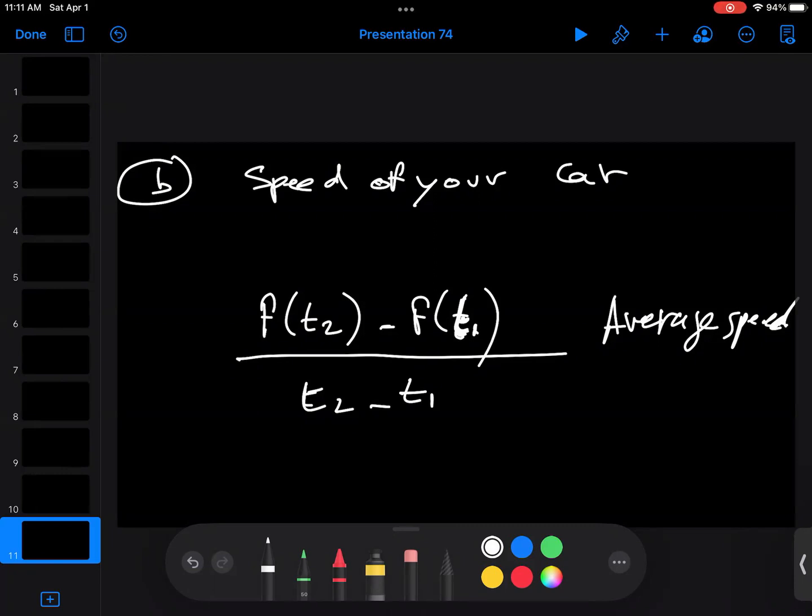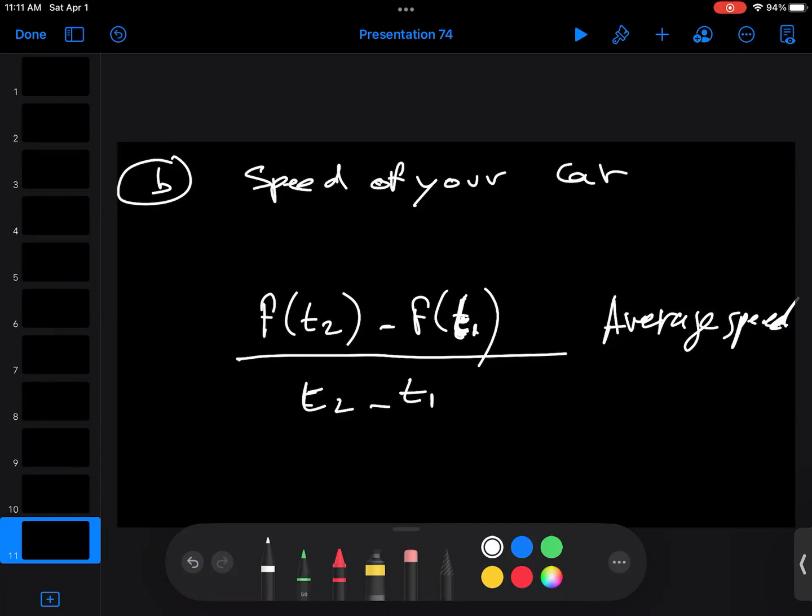So you went from New York City to the beach, and there was 15 miles in, I don't know, half an hour. So you have an average speed.